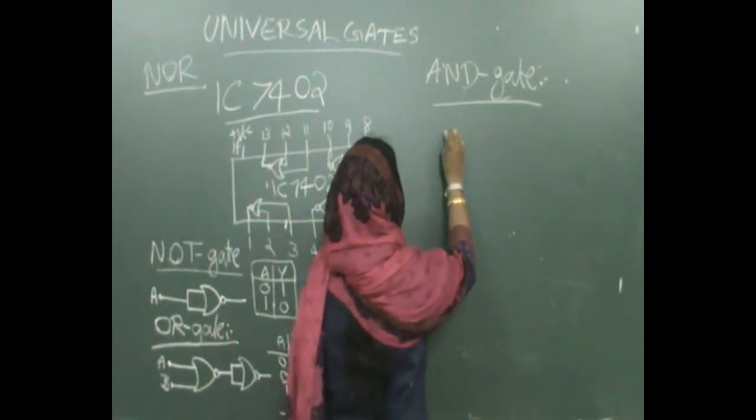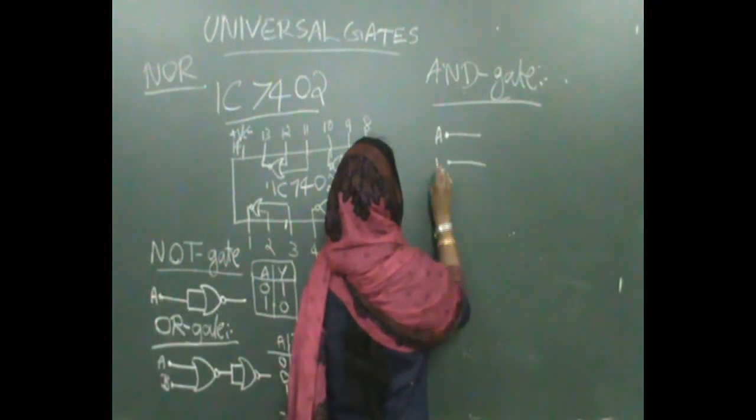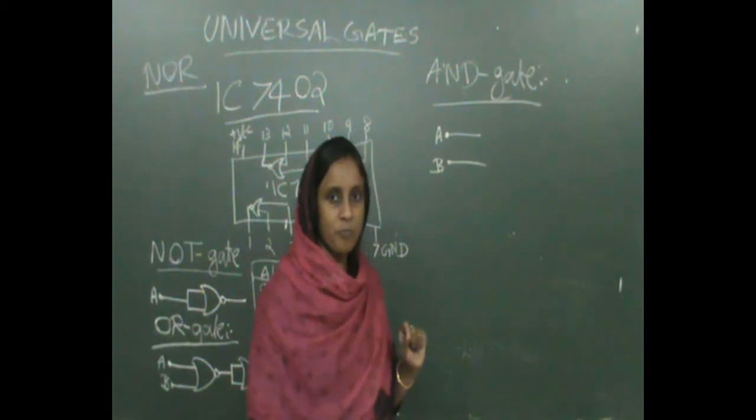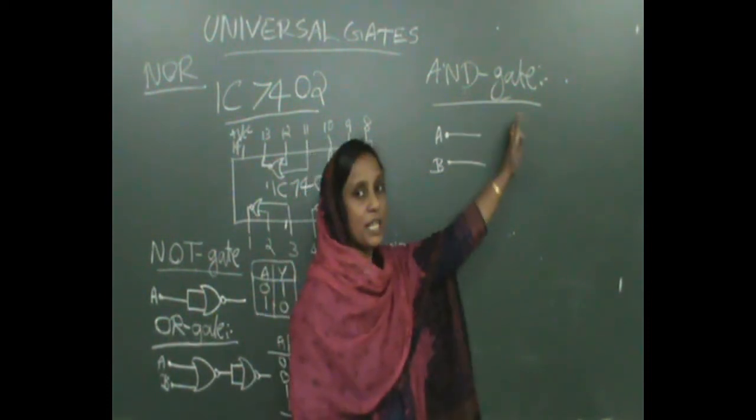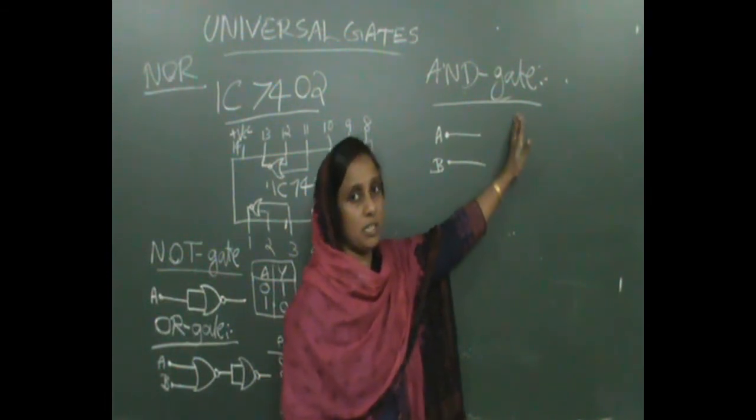So I show you here, this is A, this is B, these are the two inputs. Before entering the NOR gate, which is a bubbled AND gate, I want to invert these inputs.